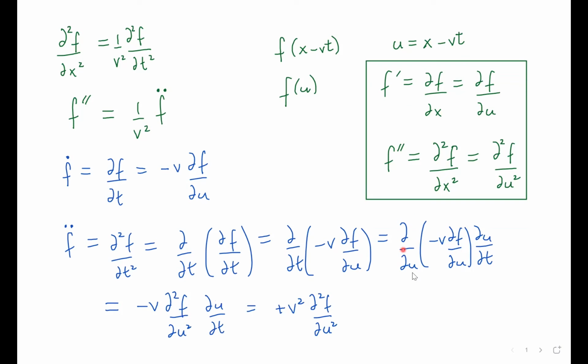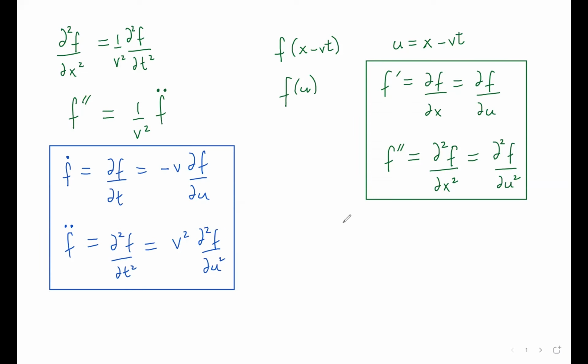Continuing, in this first term, we see that v is a constant, so we pull it out, and we end up with a second derivative of f with respect to u. And then looking at this term partial u partial t, we can replace that with minus v. But minus v times minus v is plus v squared. So this is what we end up with for f double dot.